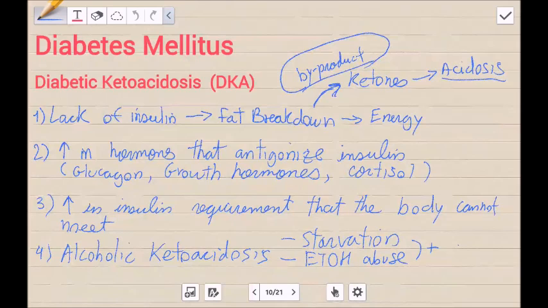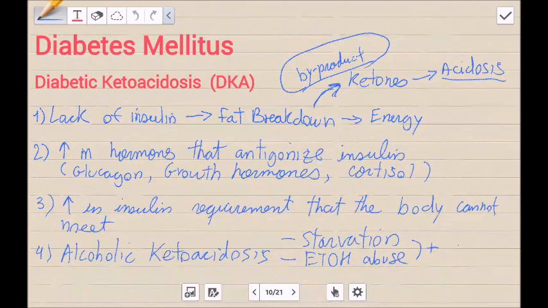Also, because the body is starving for energy, the body will increase the hormones that antagonize insulin. The body doesn't know that it doesn't have insulin. All it sees is that it cannot utilize energy. So it will try any means possible to increase the energy available, whether it's able to use it or not, and that's the other problem.